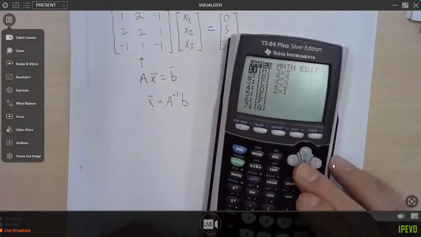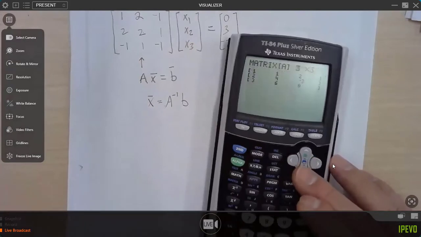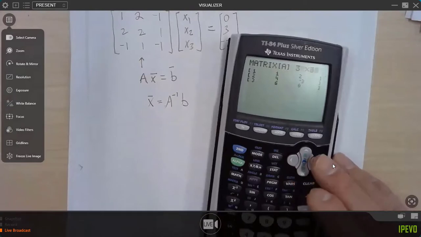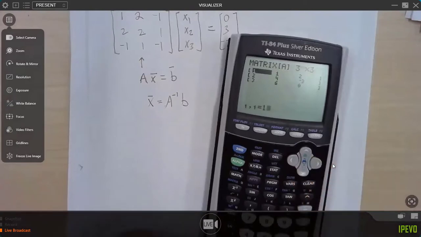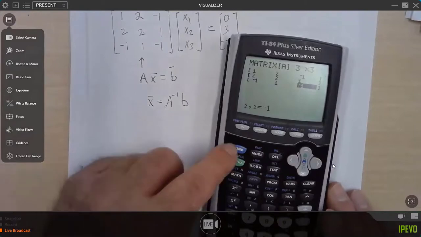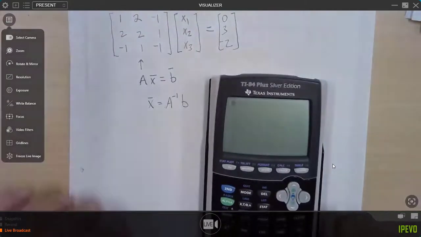We're getting so much junk in here. I think I'll just go back to A. 3 by 3. 1, 2, minus 1. 2, 2, 1. Minus 1, 1, minus 1. Okay, so there's my matrix A.